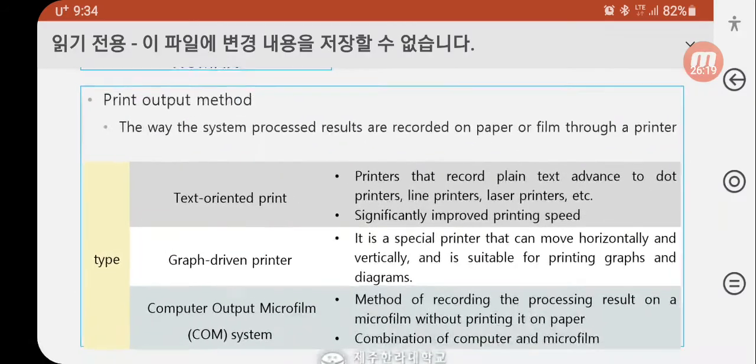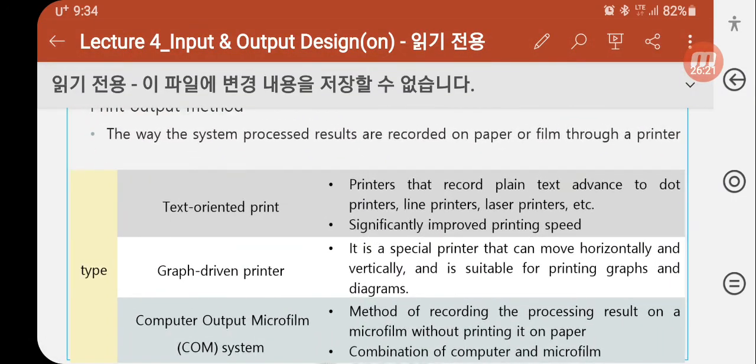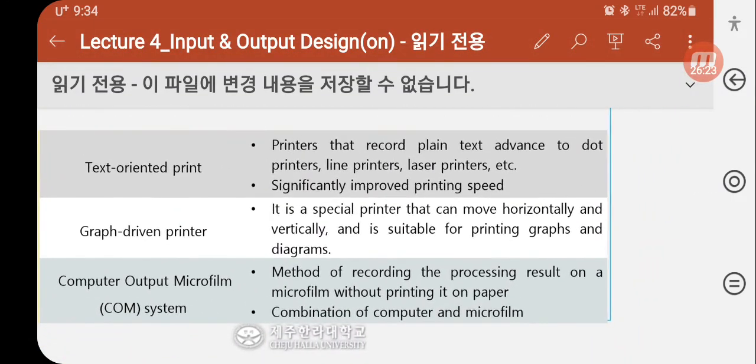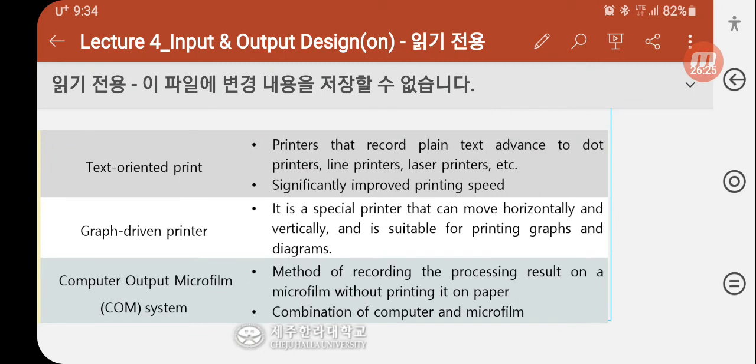Text-oriented printers record plain text, advancing to dot printers, line printers, laser printers, significantly improving printing speed. A graph-driven printer is a special printer that can move horizontally and vertically.